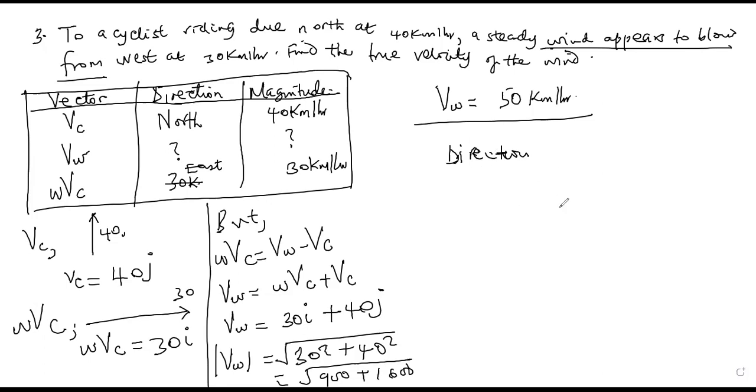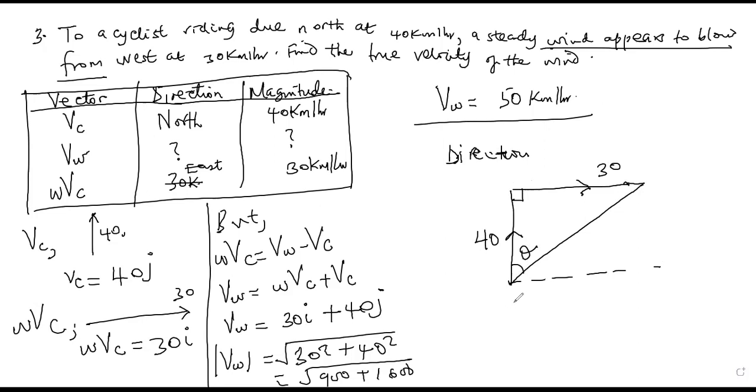So the direction, we have positive 30, first sketch positive 30, and then positive J. You can do like this. So this is 40, this is 30. Then we shall look for the angle theta, and we shall use tan.